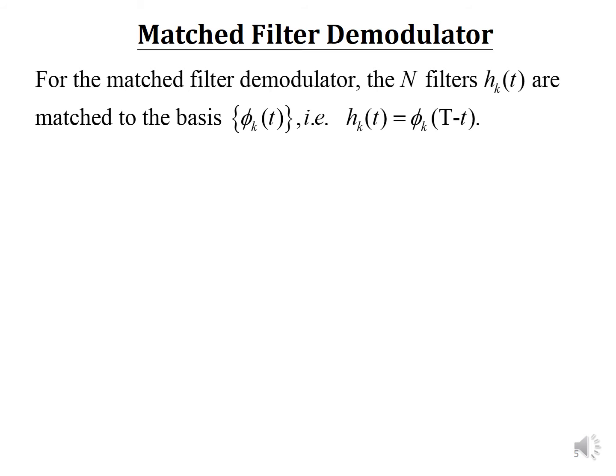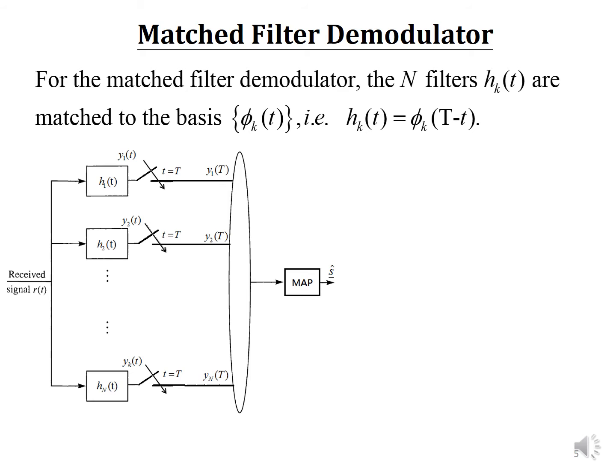Now we apply this matched filter for the demodulator. Here we have the receiver, and the matched filter h_k(t) is matched to each basis function phi_k(t).